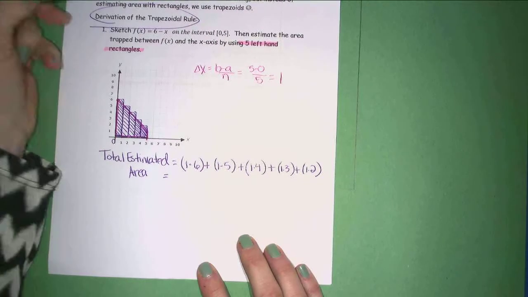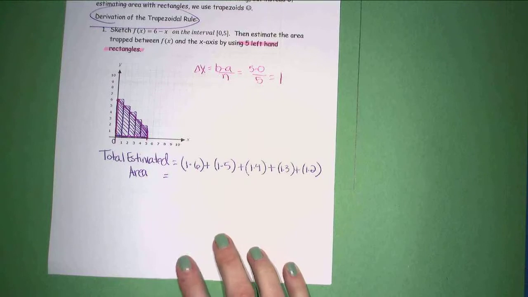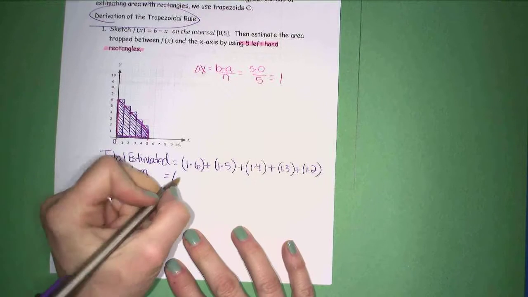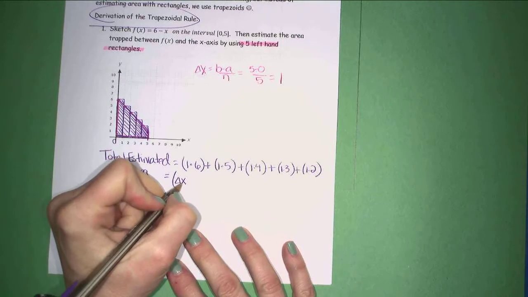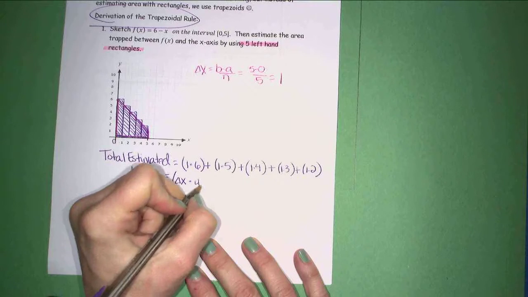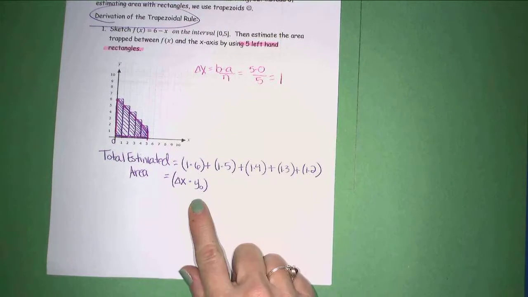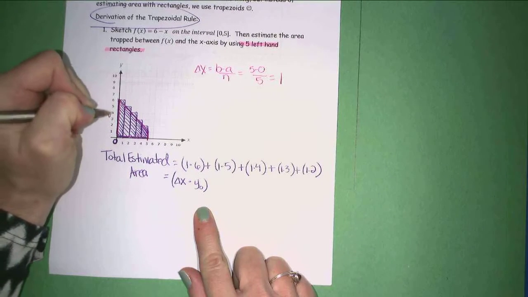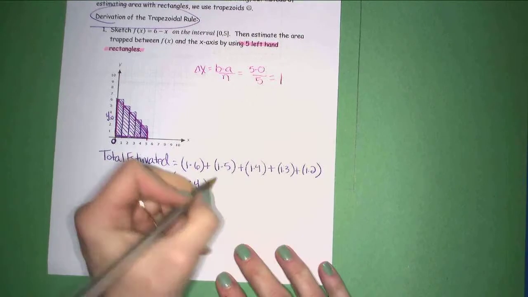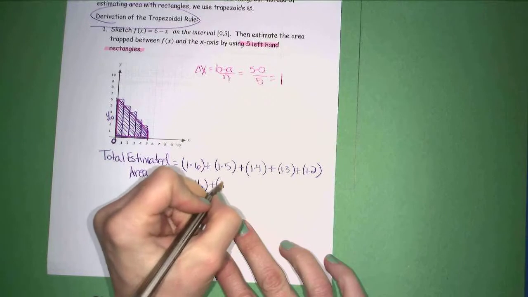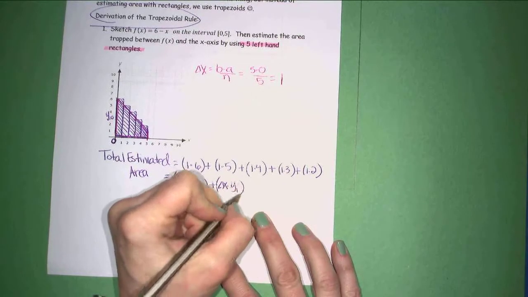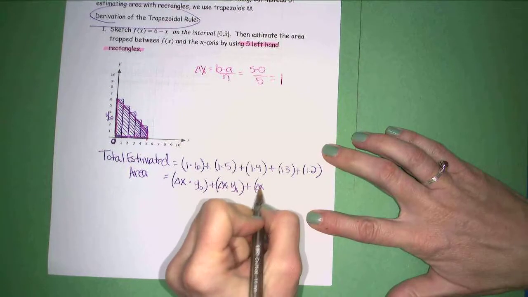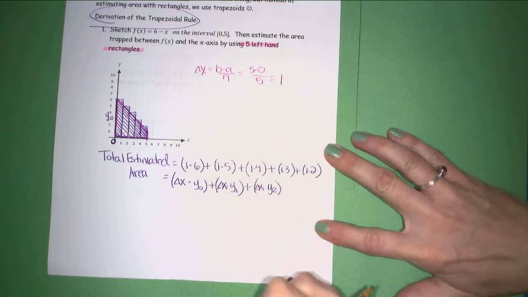Now what I'm going to do is I'm going to generalize this, because I am trying to derive a formula eventually, so I'm going to try to generalize this a little bit more. I'm going to say that instead of 1 times 6, what I'm really taking is my change in x times my initial y value. Now I say initial because 0 is my initial x, so 6 must be my initial y. Plus delta x, I'm going to call my next y value y sub 1. Plus delta x times the next y value, which would be y sub 2.